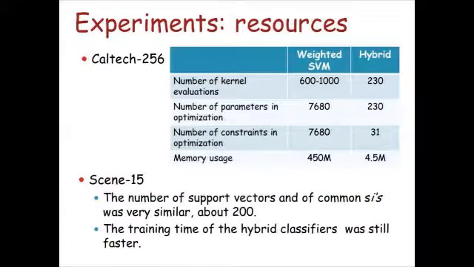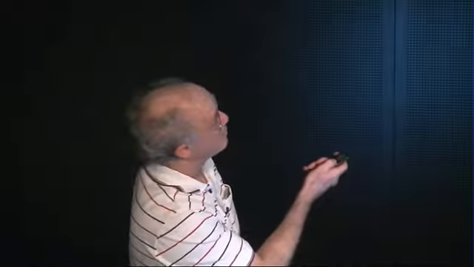And here we have a table which compares the resources that we need in terms of memory and optimization, and when it works well. There's a clear advantage in terms of training time, detection time, and especially optimization.